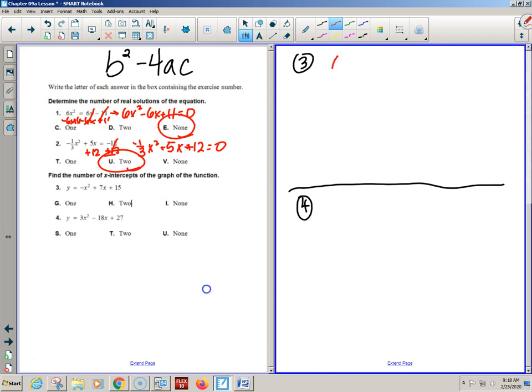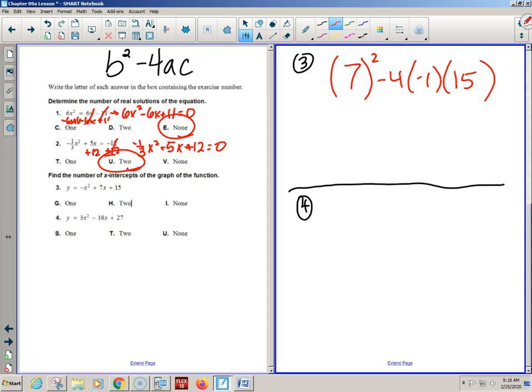So this one, did you guys plug in x equals, sorry, that's not the whole thing, just the b squared minus 4ac. Was anybody able to, hold on, b squared, just double checking, minus 4a was negative 1 and c was 15.